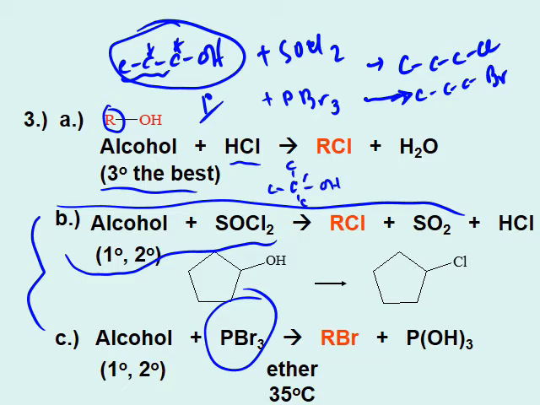This carbon with the asterisk is bonded to 3 other carbons, and that's why it's a 3 degree alcohol. So I can simply add HCl in order to get chloride. If I use HBr, I get bromide, so it'd be CCCC bromide. Of course, I left out hydrogens. So keep these reactions in mind. They're very important reactions.